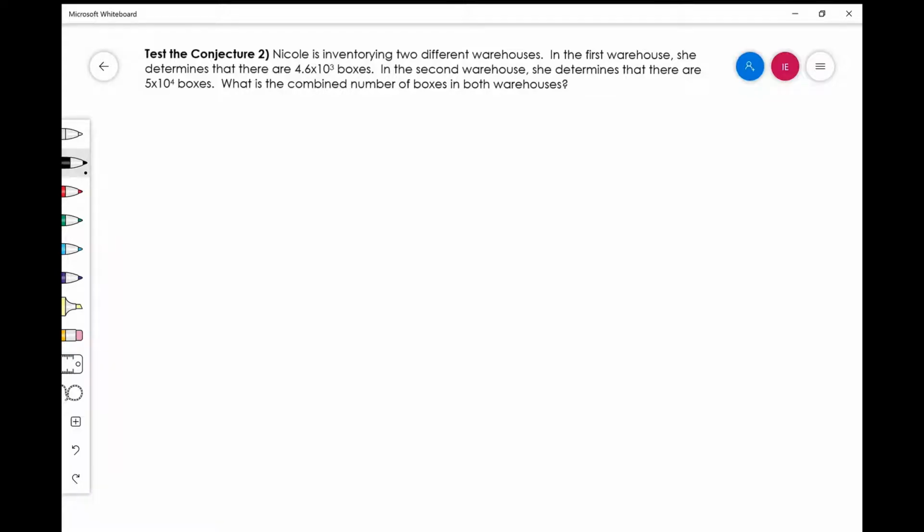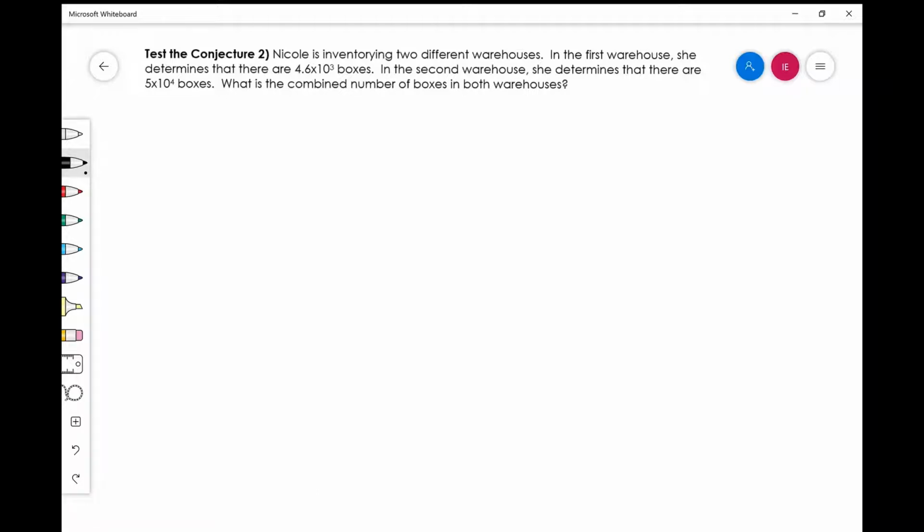Conjecture number 2 says, Nicole is inventorying 2 different warehouses. In the first warehouse, she determines that there are 4.6 times 10 to the 3rd power boxes. In the second warehouse, she determines that there are 5 times 10 to the 4th boxes. What is the combined number of boxes in both warehouses? First, let's look and see what information we can take from our problem.